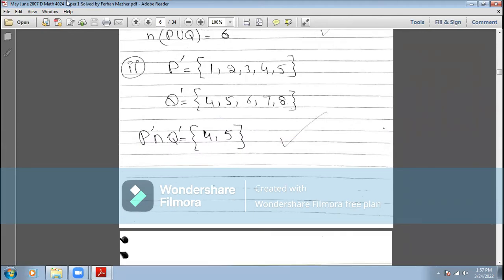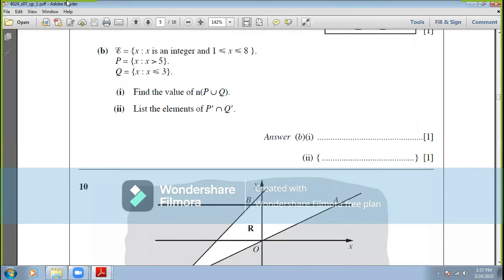So the next part. In the next part, they say list the elements of P complement intersection Q complement. First of all, I will find P complement and Q complement, and then I will take the intersection between them.